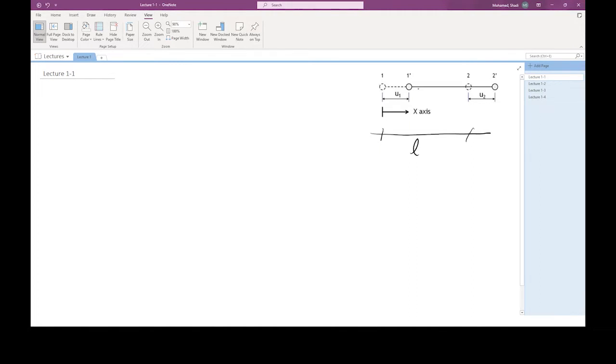Now what I'm interested in, to start, is defining the displacement anywhere along the axis based on the displacement at the nodes. So I'm going to write the displacement as an expression, as a polynomial, as a first order polynomial. I'm going to define the displacement to be just a line.